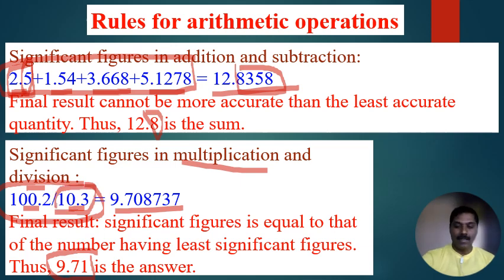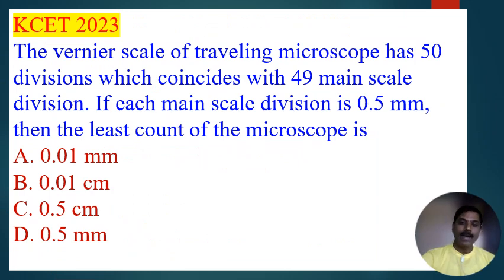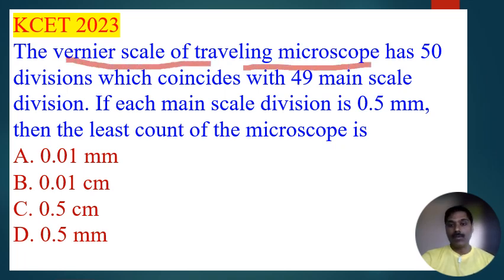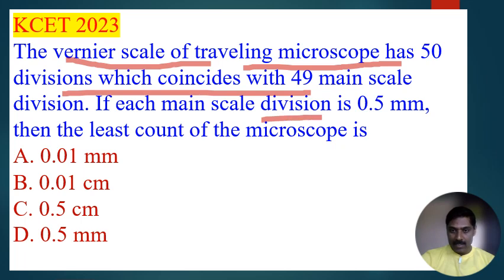And in the Karnataka CET, you can find this question wherein the vernier scale of a traveling microscope has 50 divisions which coincides with 49 main scale divisions. If each main scale division is 0.5 millimeter, how much is the least count of the microscope? That's the question.